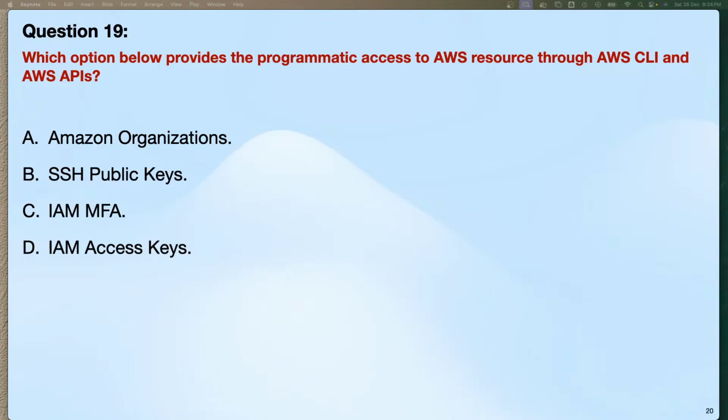SSH public keys are meant for connecting to EC2 instances via public private keys, via PuTTY or WinSCP or any SSH tunneling tools to connect with Linux machines. IAM MFA, multi-factor authentication, is meant for protecting a user's login credentials, additional security. It doesn't give you programmatic access. What you need to programmatically access AWS is access keys, AWS IAM access keys. So remember the answer for 19 is D.